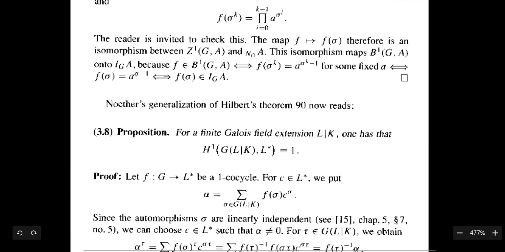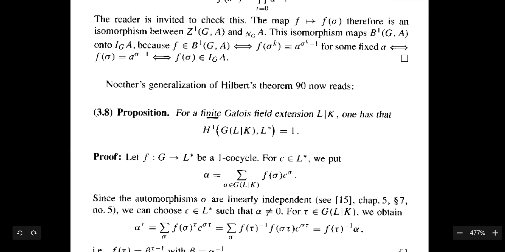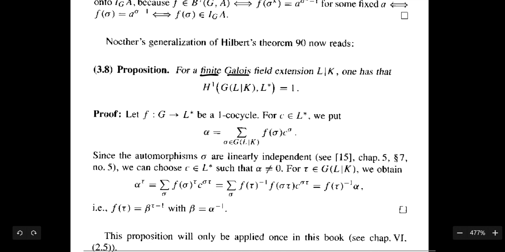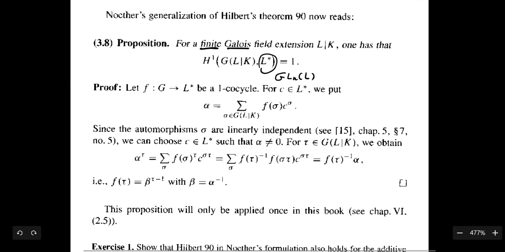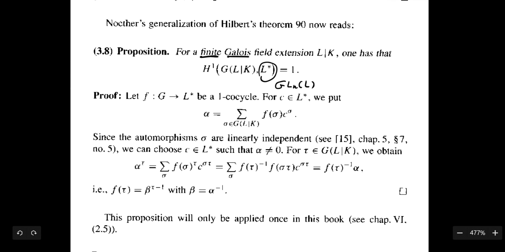And the generalization of Hilbert's 90 gives, for any finite Galois, not just cyclic this time, finite Galois field extension, that H one is trivial. Actually, here is the L star, and you can put also, if I'm correct, GL n of L, I think, yes. So this is a generalization. This proposition will only be applied once in this group.